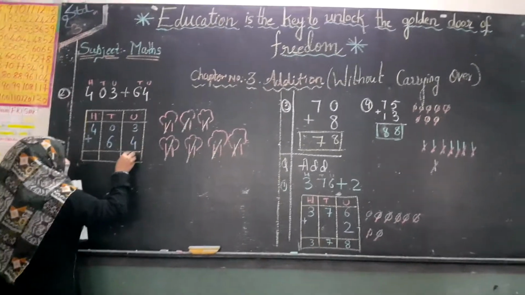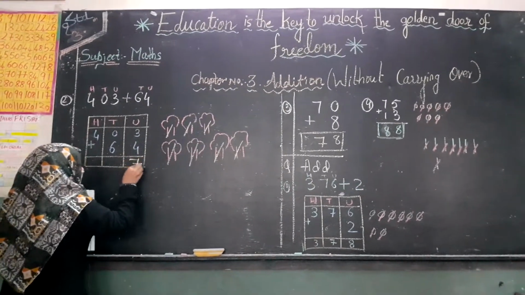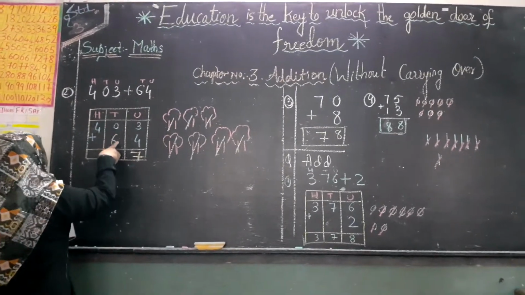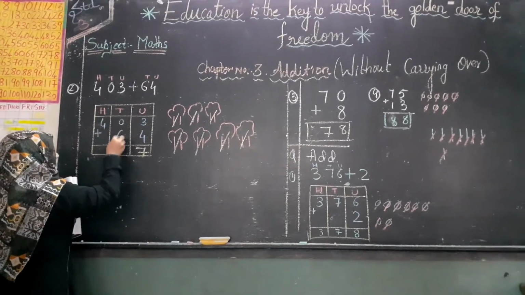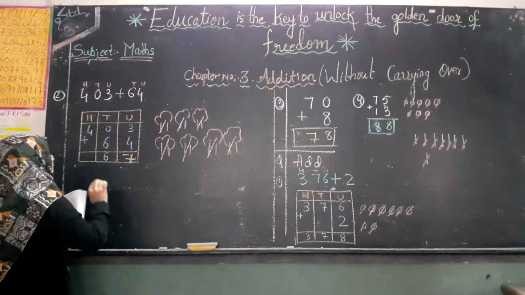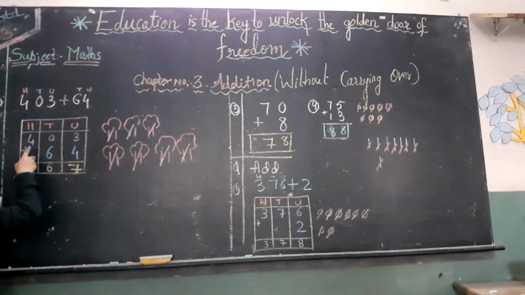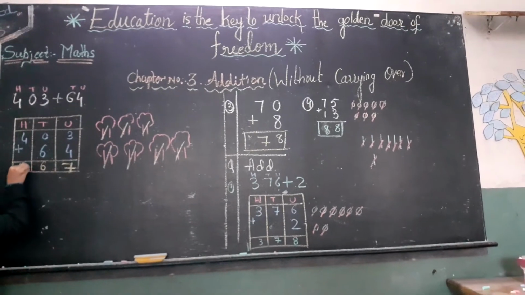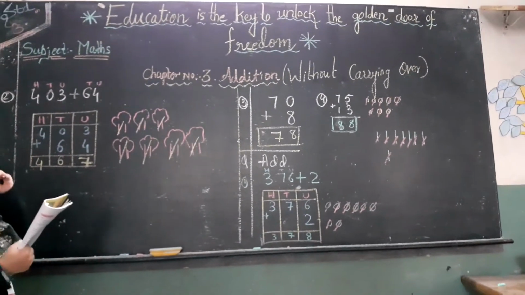Then we have to write here 7. Okay? Now we have to add 0 plus 6. 0 means nothing. So we have to write 6 like this only. Okay? Now in the 4, there is only 4. No number is there. Then we have to write 4 as it is. Have you understood these two questions?